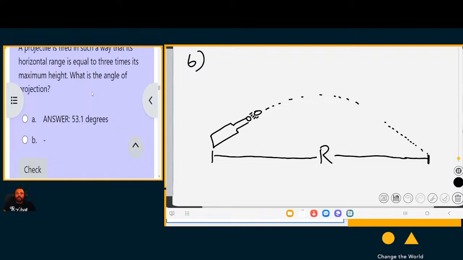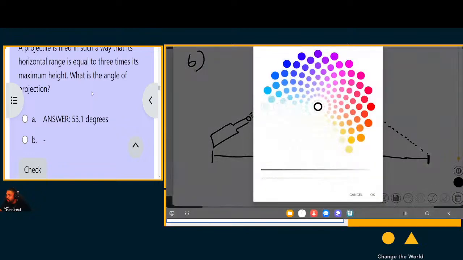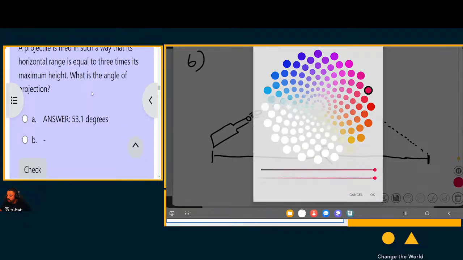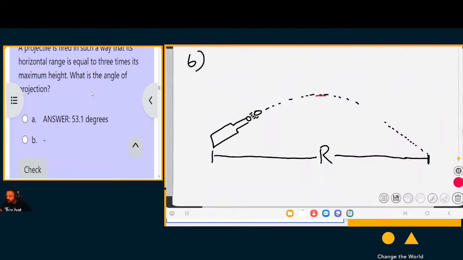They also tell us this projectile is fired in such a way that its horizontal range is equal to 3 times its maximum height. Right at its turning point would be its maximum height. Let me highlight that in red. This would be H, the maximum height.